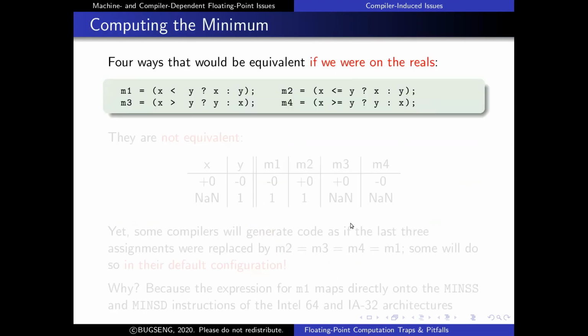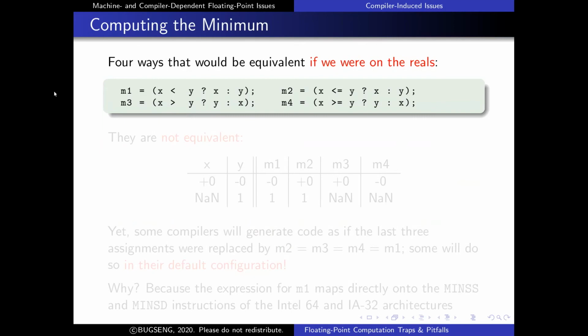So let's take a concrete example. Here we have 4 ways to compute the minimum between two floating point numbers that, if the computation was done on the reals, would be completely equivalent. Let us check two. M1 says if x is the least of the two, take x. And the other says if x is the greater of the two, take y.